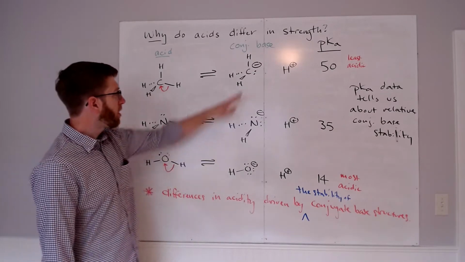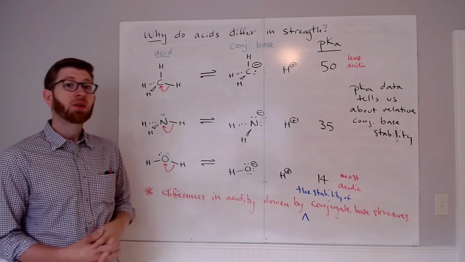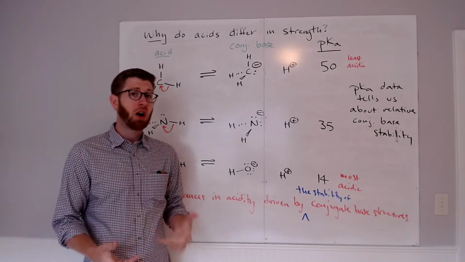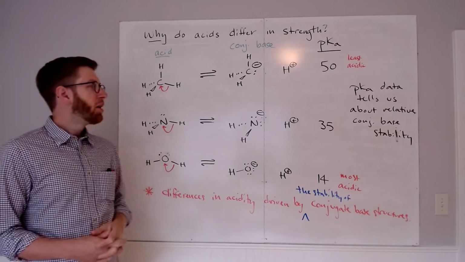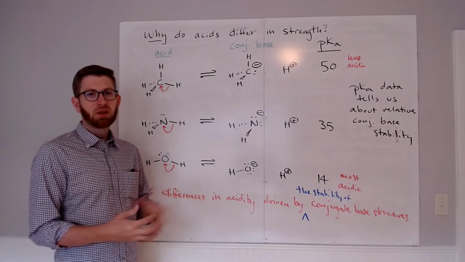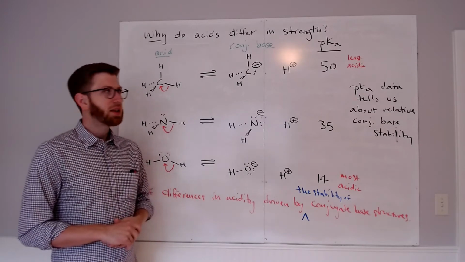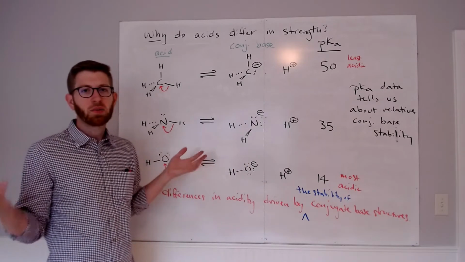If we think about carbon versus oxygen with respect to atomic radius, they're not that different. You probably would have predicted that oxygen would be a little bit smaller than carbon, but the changes are pretty minor, right? These two elements are in the same row of the periodic table, and they're fairly close together. So if we're not seeing big differences in atomic radius, why are we seeing huge differences in acidity? Again, not consistent with the data.